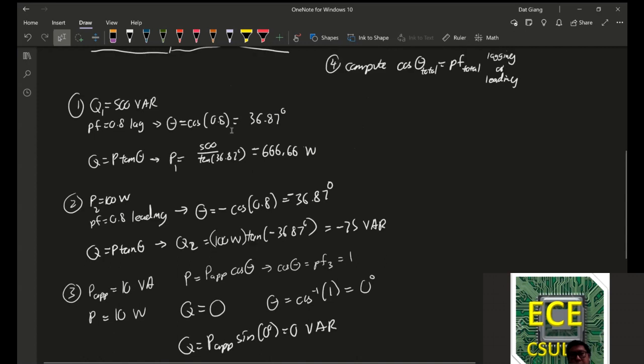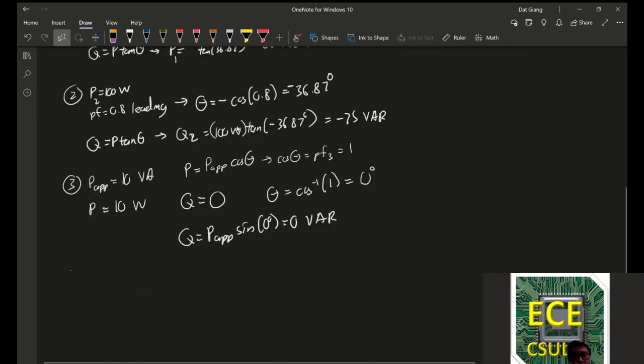Okay, so now all we have to do is add these quantities together. So P is equal to P1 plus P2 plus P3. Q is equal to Q1 plus Q2 plus Q3.